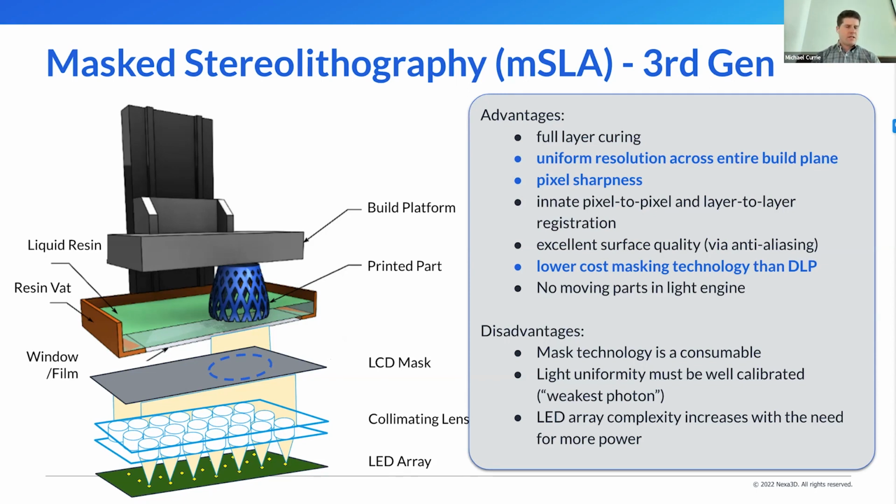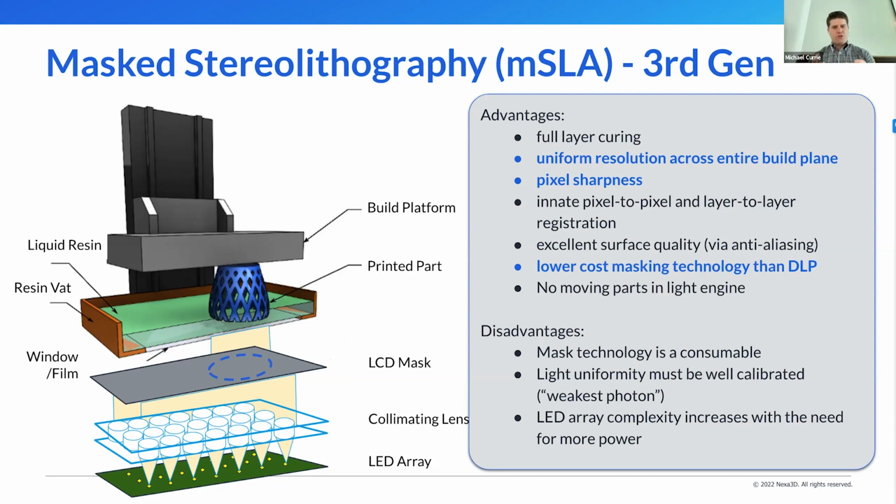The downside of this technology is, and these are all being worked on, the LCD itself is now a consumable. Before, the other systems had basically permanent optics or permanent long-lasting light sources. This LCD layer needs to be replaced, and I'll talk about later how we address that.